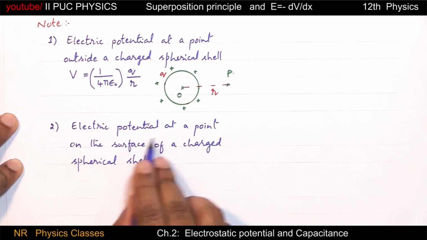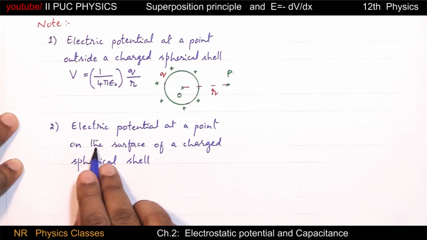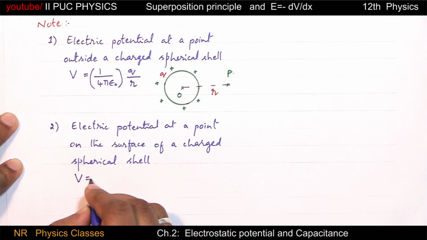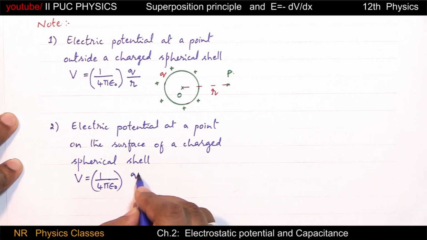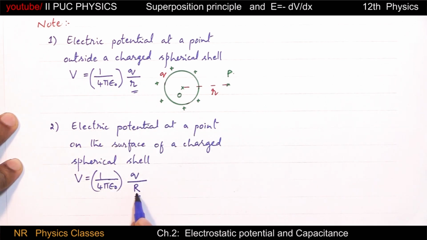Electric potential at a point on the surface of a charged spherical shell, or close to the surface. Potential equals 1 by 4 pi epsilon naught. Point on the surface or close to the surface means distance from the center is equal to the radius, Q by R. Observe this R and this R. This is the radius.